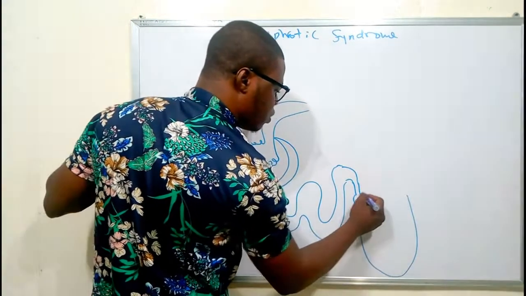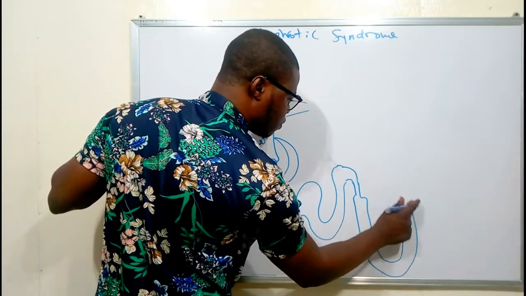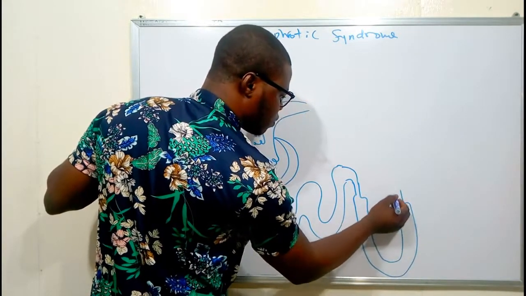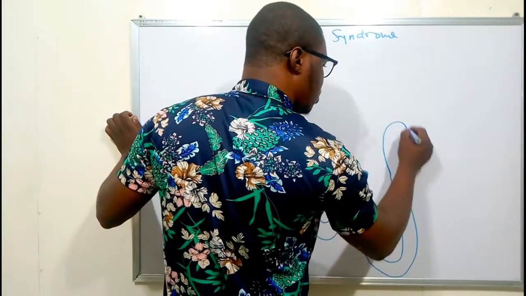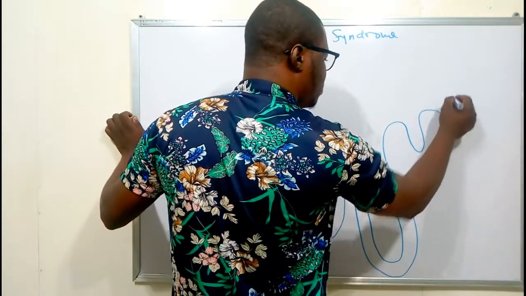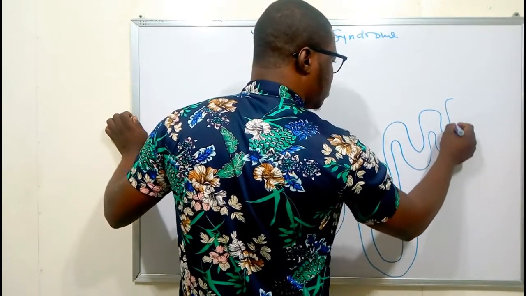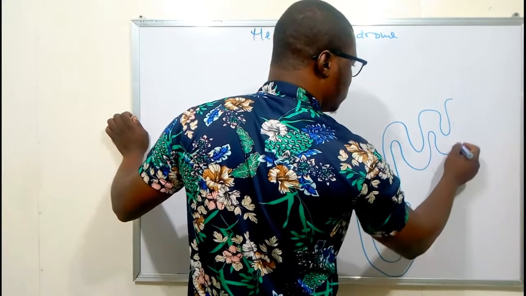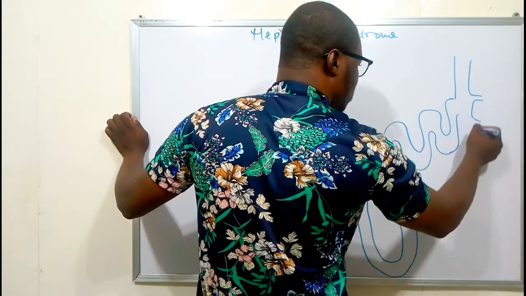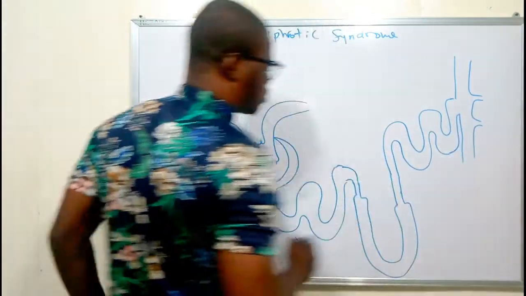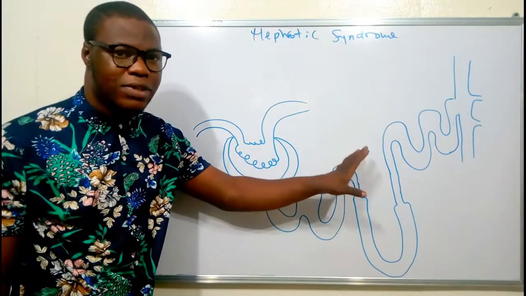After the loop of Henle, we have the distal convoluted tubule. And we have the collecting ducts. Now, this is just the diagram of the nephron. It's a sketch to be precise.